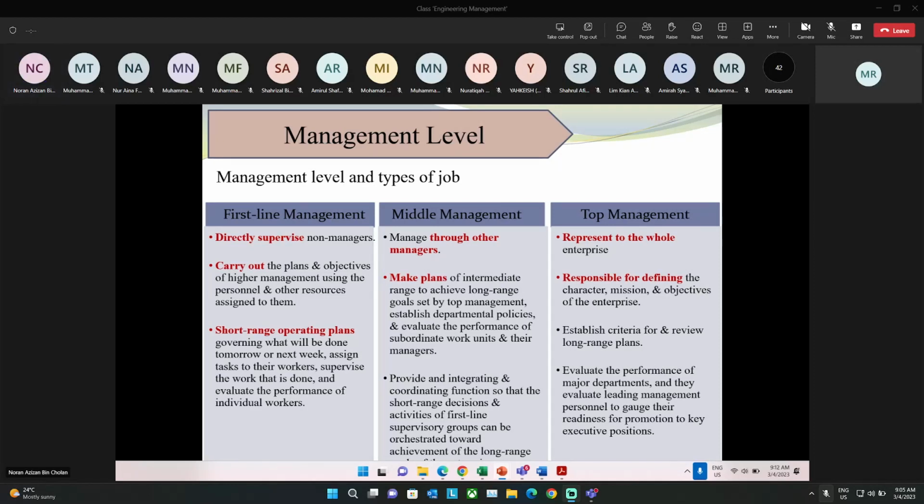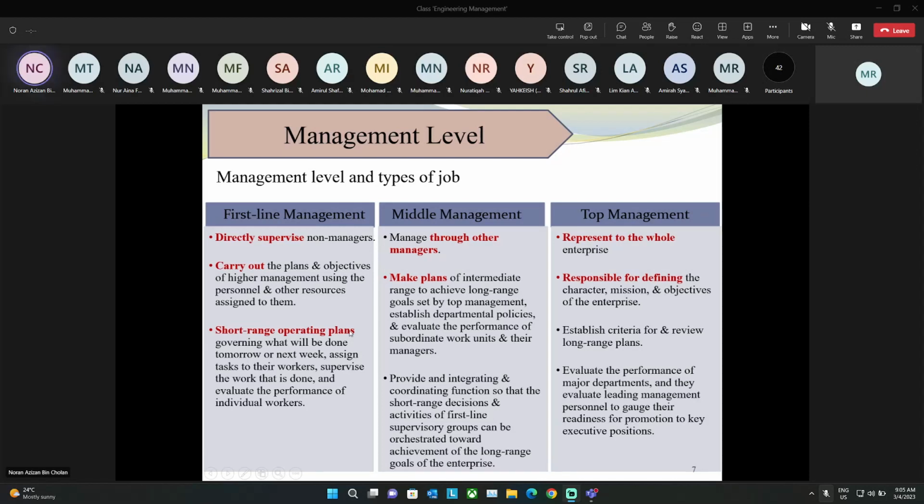So it is a longer plan. And then provide an integrating and coordinating function. So that's the job of the chief engineer.